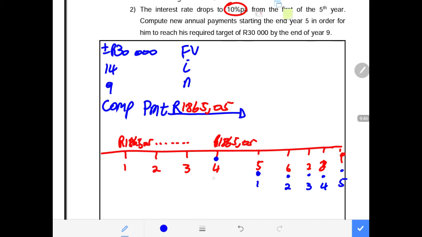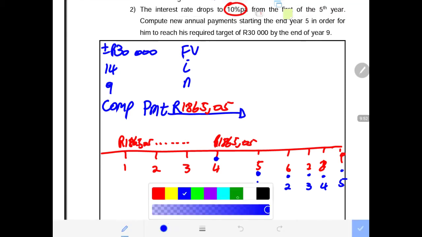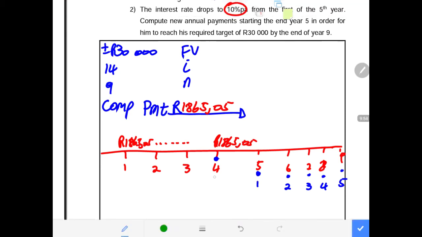That is why I said to you before, you always need to calculate the future value on the last date of the annuity. We need the future value at the end of year 4 here. So now that future value will be calculated using the same amount when the interest rate was at 14%.